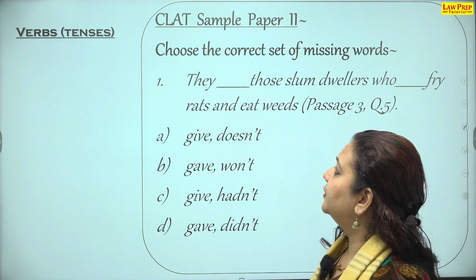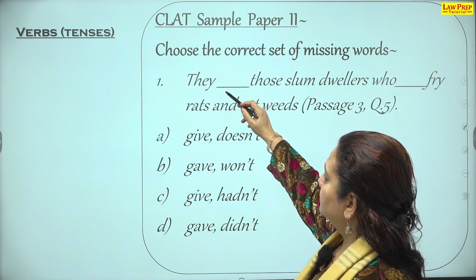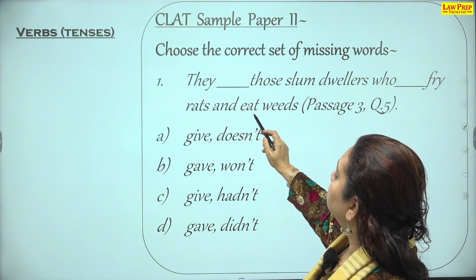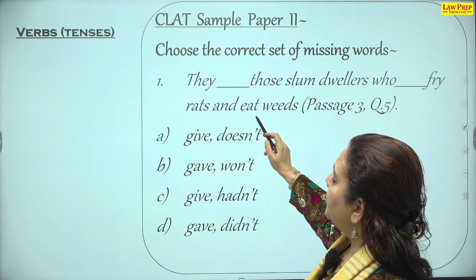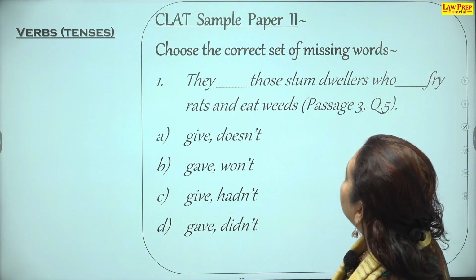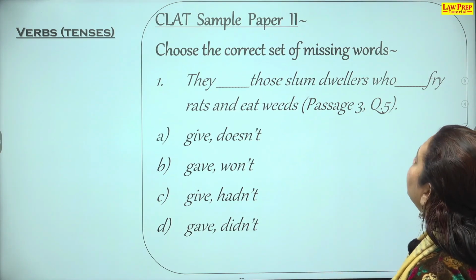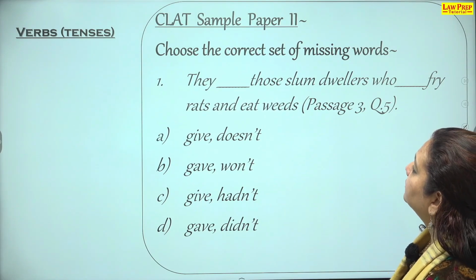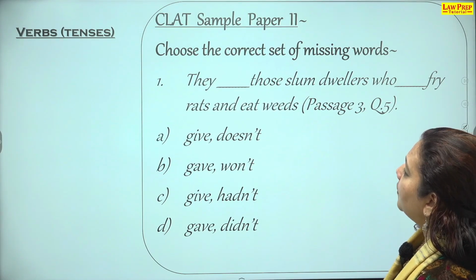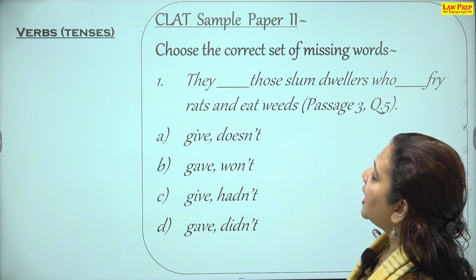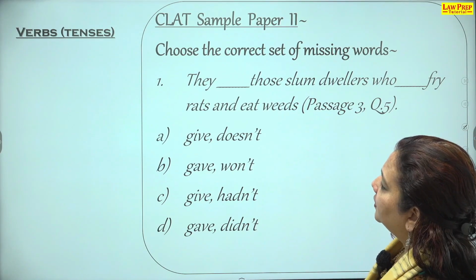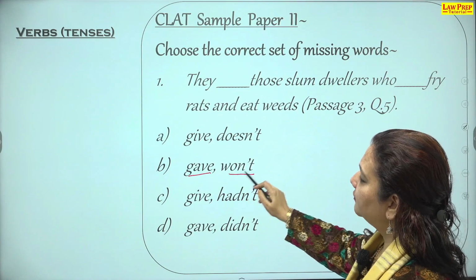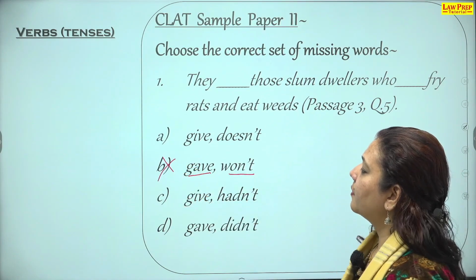With "they", first thing, the sentence is in present tense. They dash the Cinderellas who dash fry rats and eat weeds. Now, the first thing: "gave" is past tense and "will not" is simple present, so it can't be used.